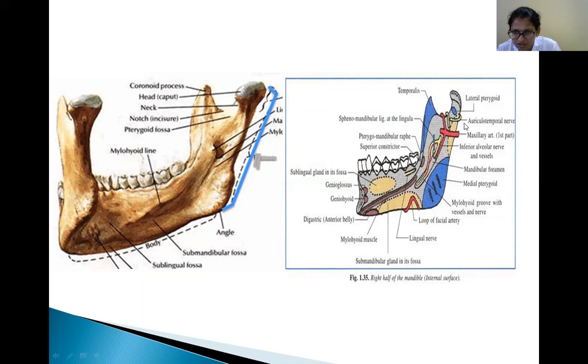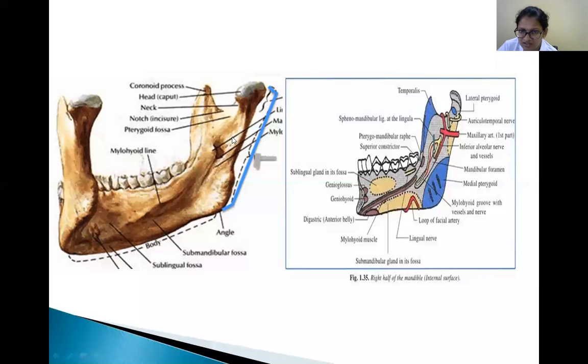And next, coming to the posterior border. The posterior border is thick, whereas the anterior border is thin. The upper part of the posterior border is related to the parotid gland.